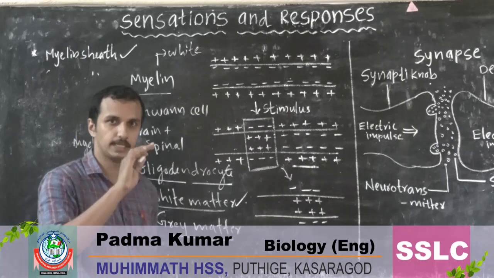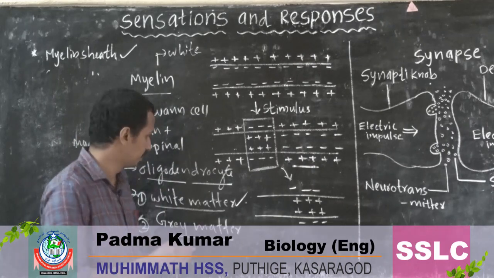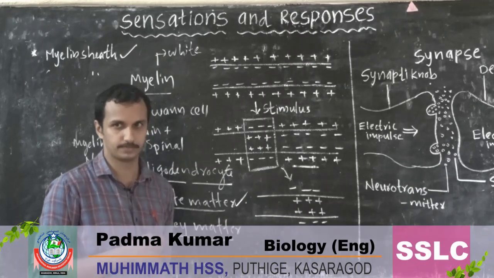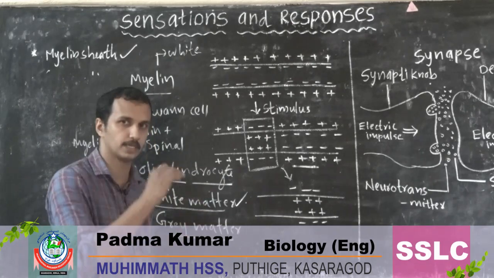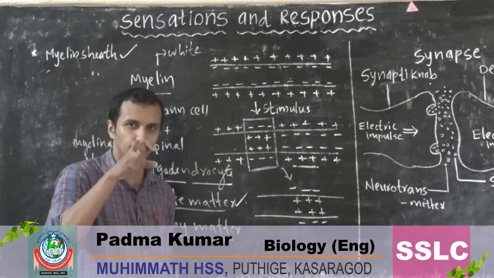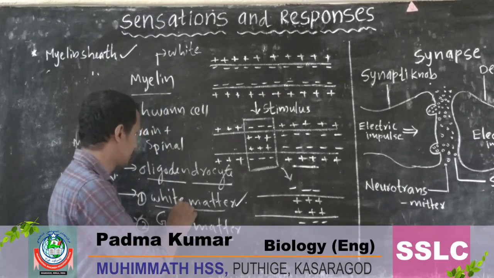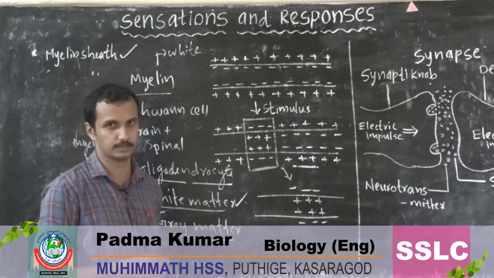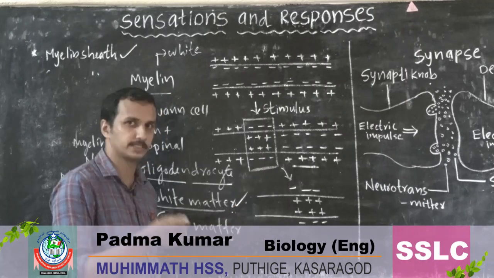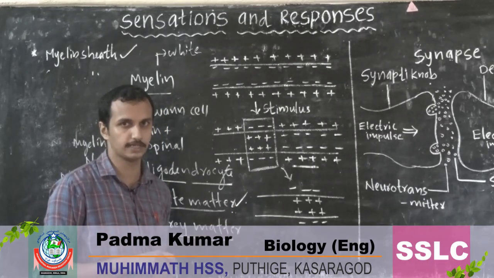White matter is the region of the brain and spinal cord where myelinated nerve cells are rich in number. That region is visible as more white in color, so it is called white matter.